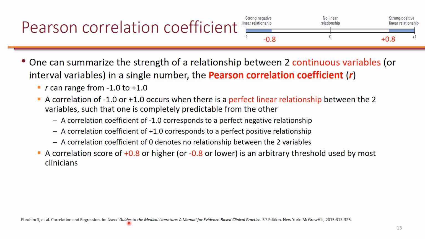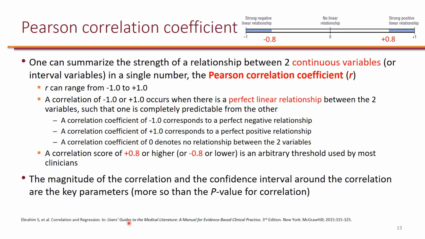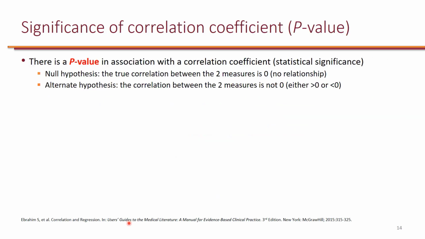Now, while R will tell you how strong the correlation is between two variables, you also need to know if it's statistically significant. So we also get the p-value for the correlation. For this p-value specifically, the null hypothesis is that the correlation between the two variables is 0, or basically there is no correlation between the two variables.